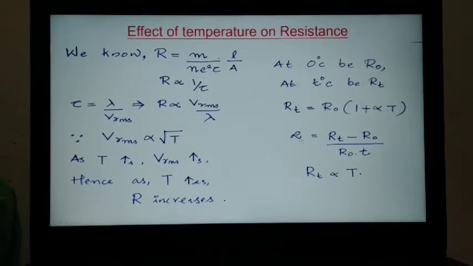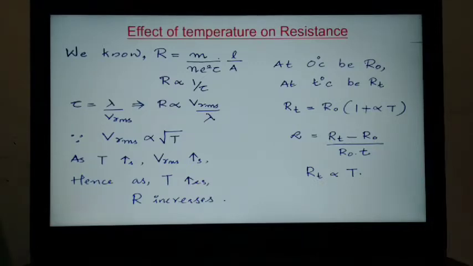Alpha is the temperature coefficient of resistance. So from that equation, RT minus R0 is equal to R0 into alpha T. So alpha is equal to RT minus R0 divided by R0 into T. That is, RT is proportional to T, which means as the temperature increases, resistance increases.